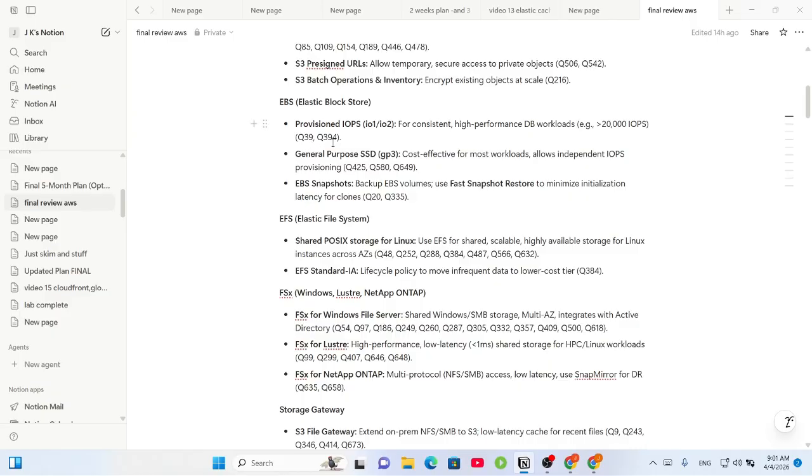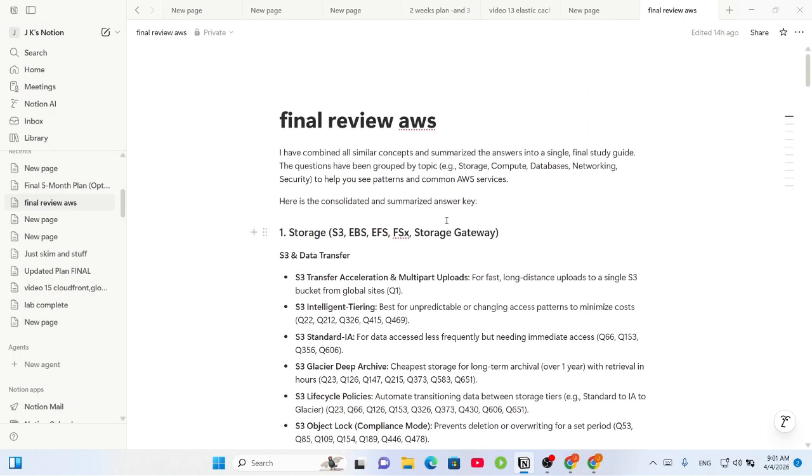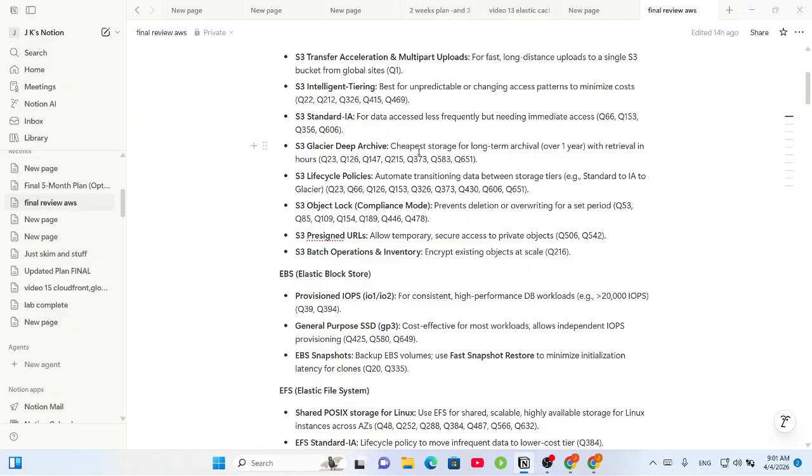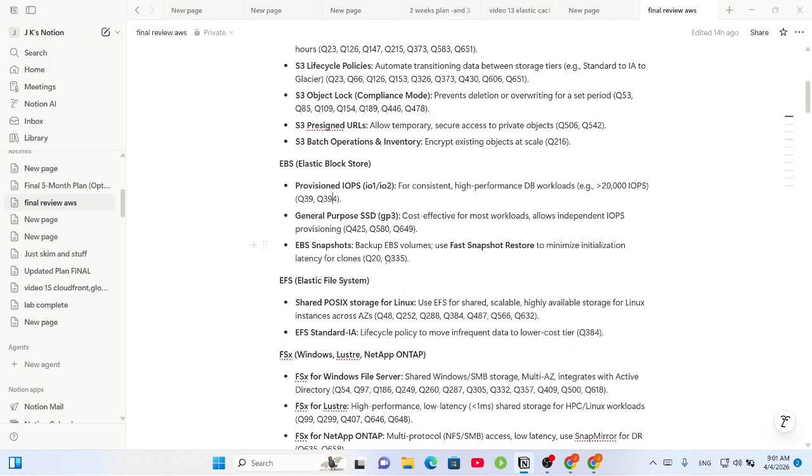That's the question basically, question 394. Provisioned IOPS and general purpose SSD GP3, and it's cost effective for most workloads.